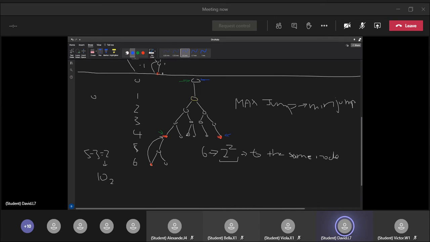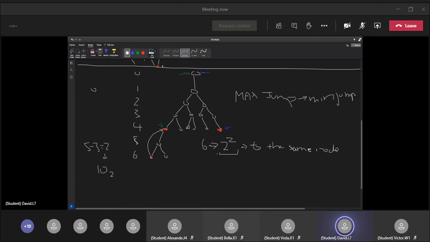And we got to this node up here, which is above the yellow node. But we don't know that this is above the LCA, right? We don't know if this is the LCA or if this is a node above the LCA. Because if we made a jump of size 3, we would still get to the same node, and this would be the LCA, but we wouldn't be able to know that, right? Like we don't know that that's the LCA.